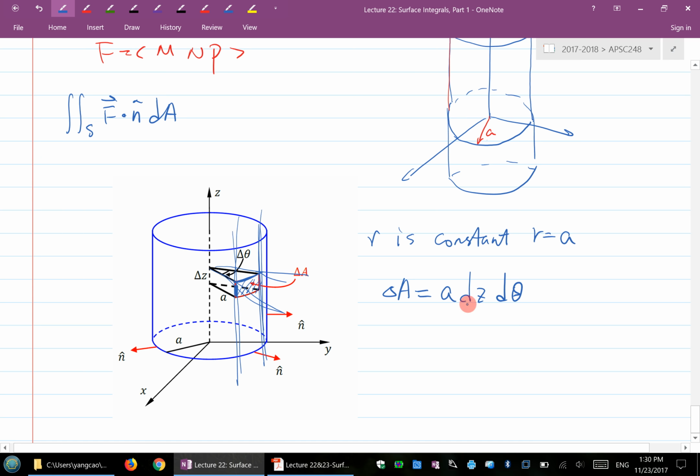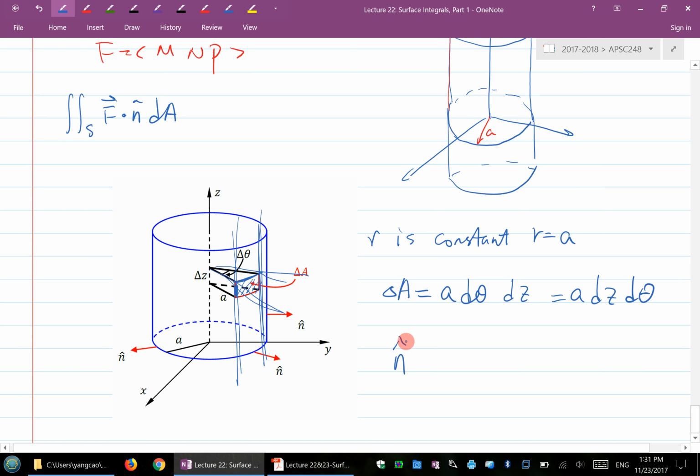So a times d theta times dz gives you the rectangular area, and I can write it as a dz d theta. So that's your delta A. Now for the surface integral, in this case, we're going to take z and theta as the two variables to scan through the surface.